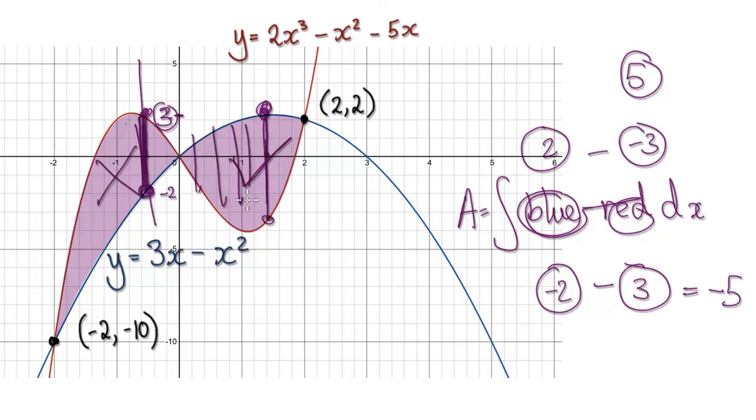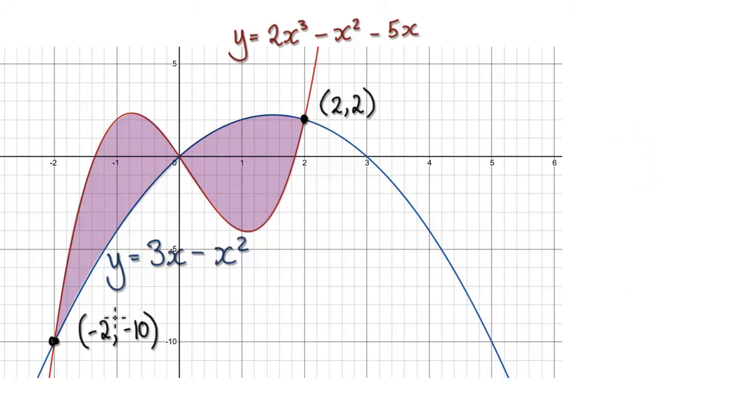So to find the area, you can't have a negative area. So you have to break it up into two different integrals.